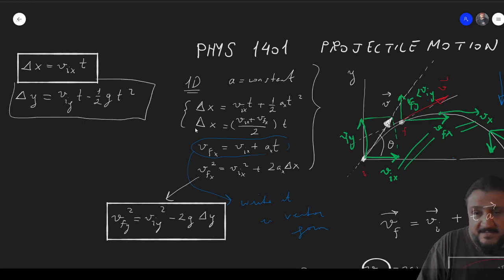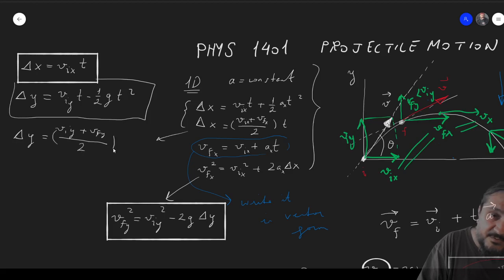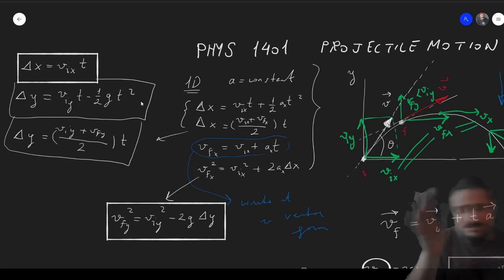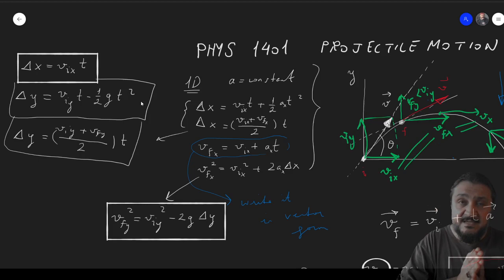And finally, take this second one and write it for y. Delta y equals viy plus what? V final y divided by 2 times t. This will be equation number 6. Numbers are not important. You can number them any way you like. But you end up with 6 equations for projectile motion.